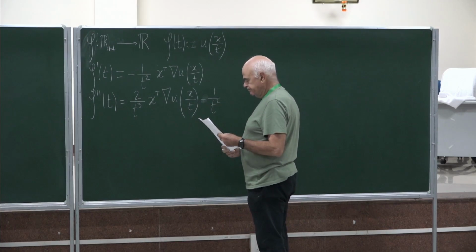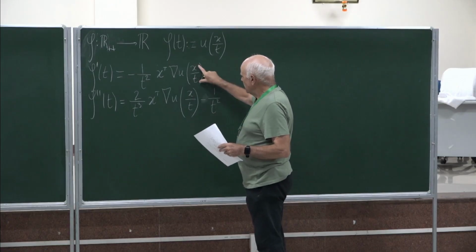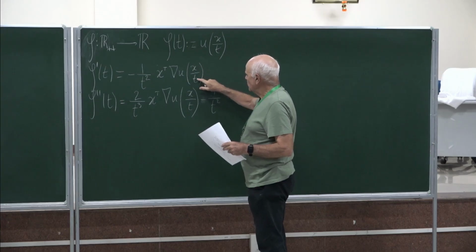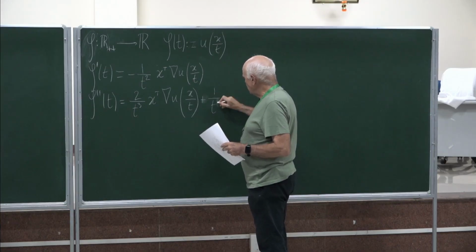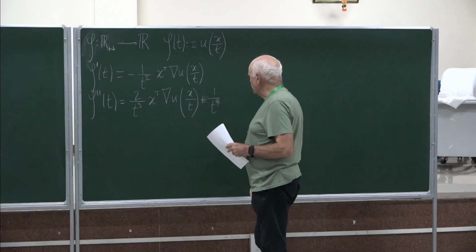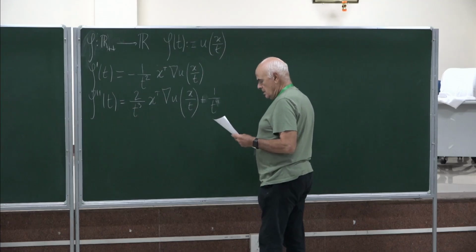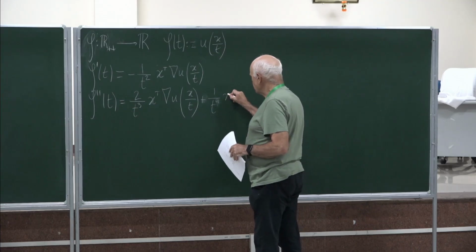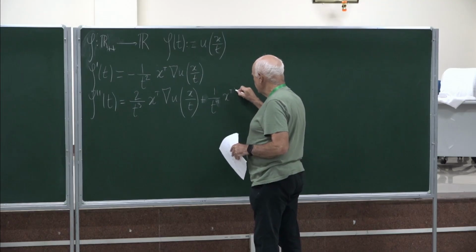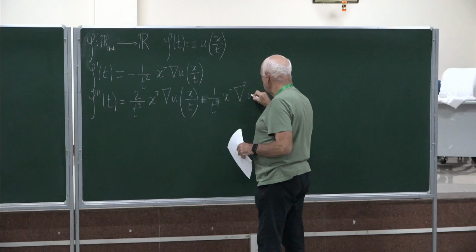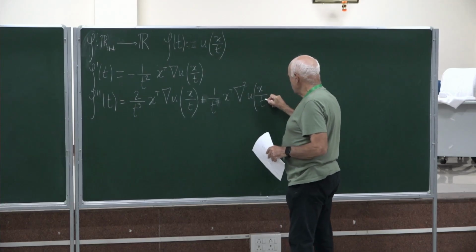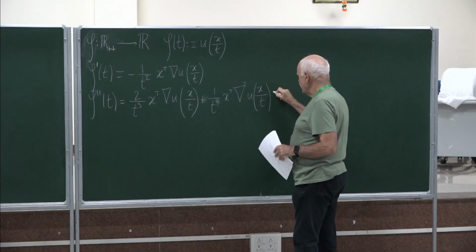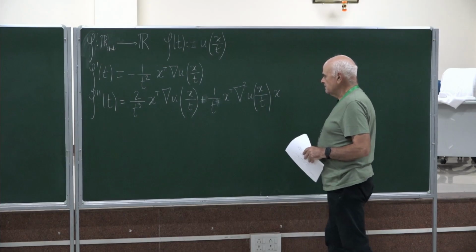Again, when I take the derivative of this part, I get again minus 1 over t squared, so in total I obtain 1 divided by t to the power 4 x transpose Hessian of u of x over t times x.